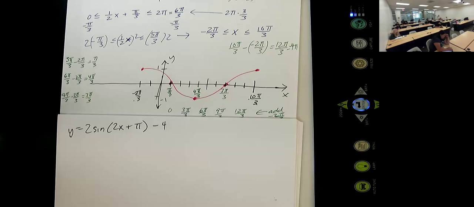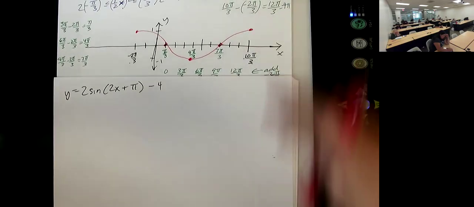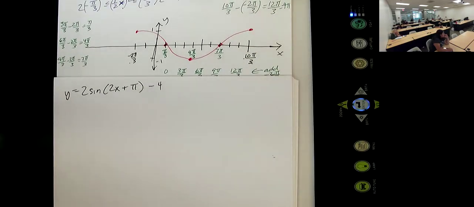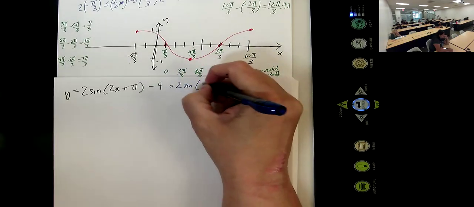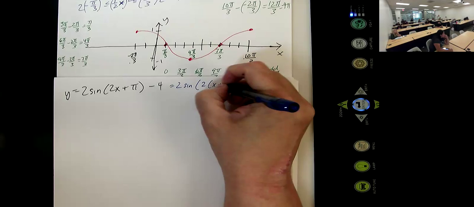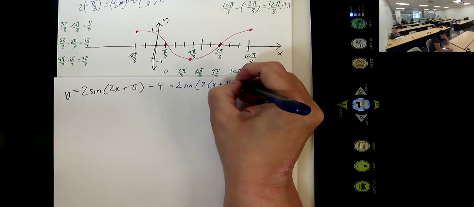Both of them work well finding the base period. Both approaches. So if we do the approach that I started with, I will factor out the 2. Ends up dividing that by 2, and we see that.